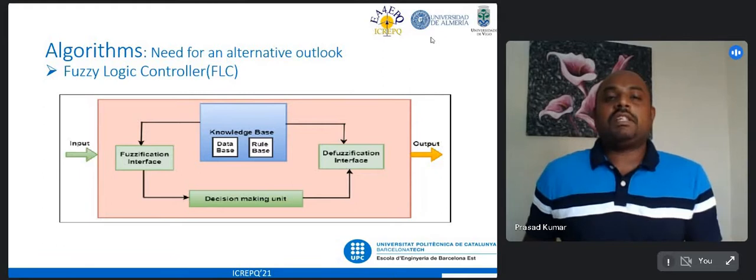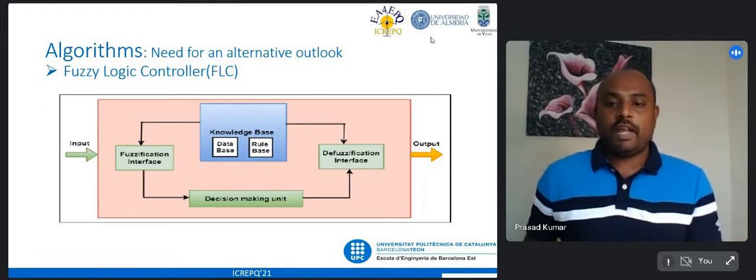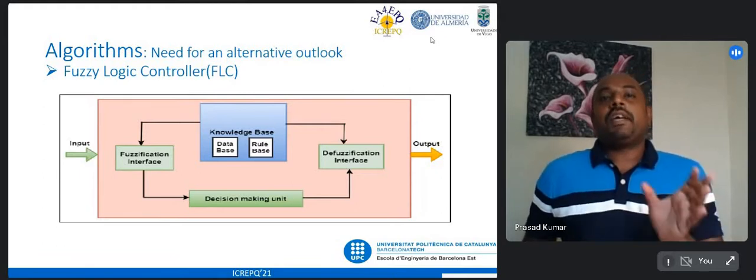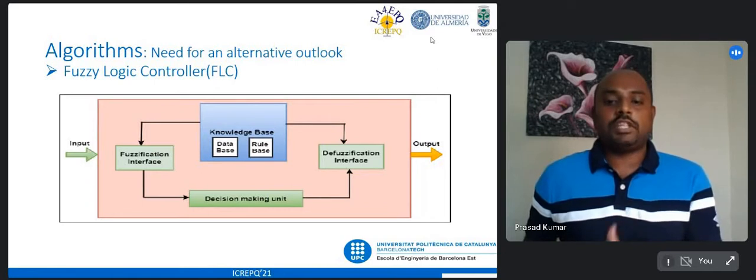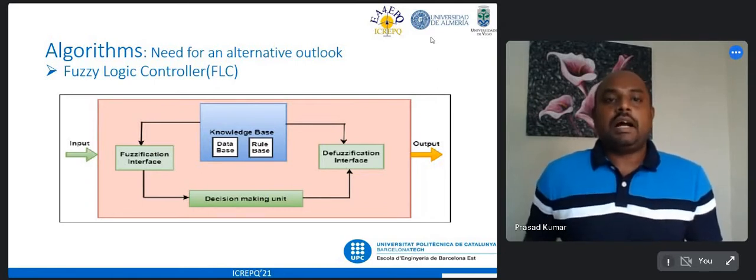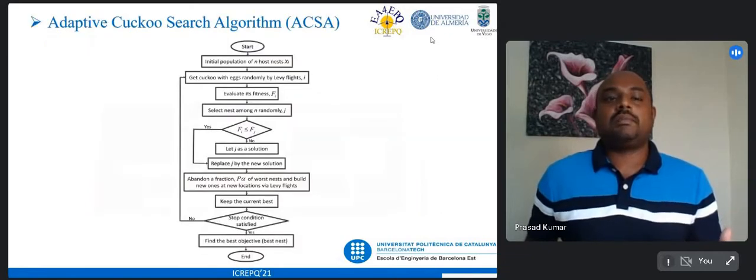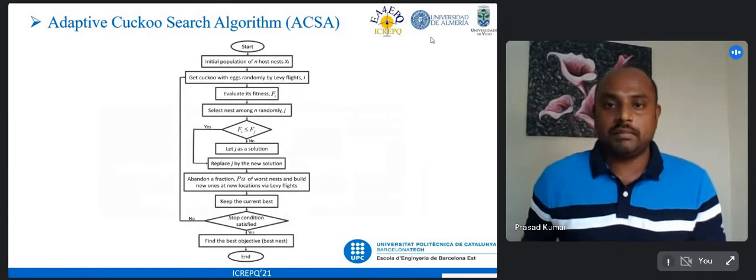The fuzzy logic control modifies the duty cycle value of a pulse width modulation, PWM, technique to produce the proper switching pulses. Similarly, another optimization algorithm is called the adaptive cuckoo search algorithm.